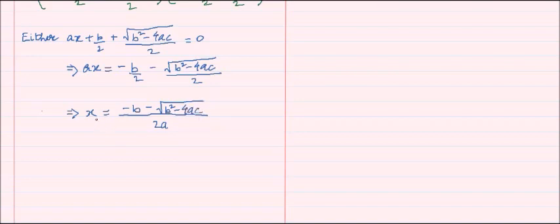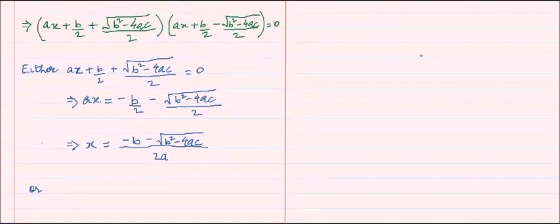So one of the two values of x is minus b minus under root b square minus 4ac by 2a, where b is the coefficient of x, a is the coefficient of x square, and c is the constant term. Let us see what is the other value for x.